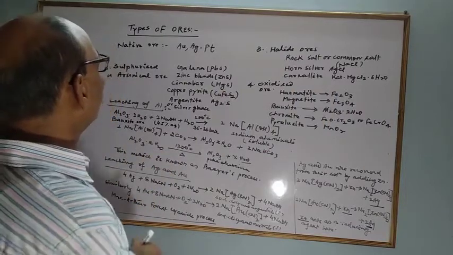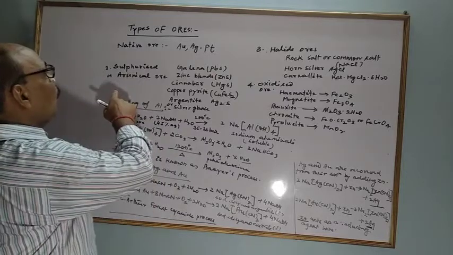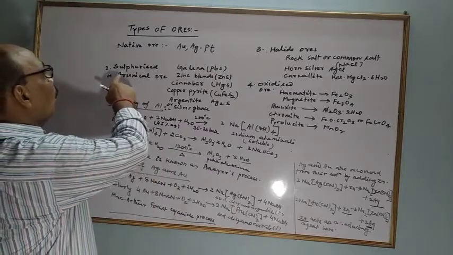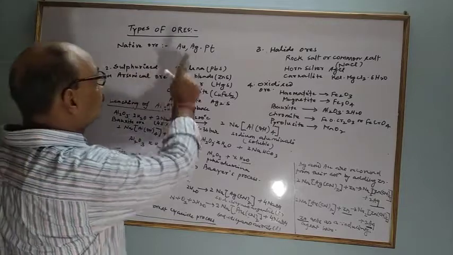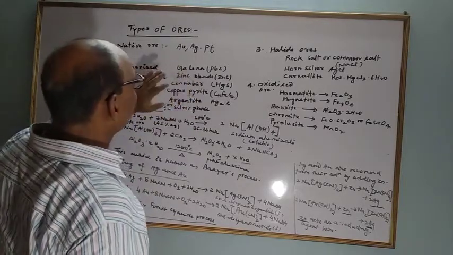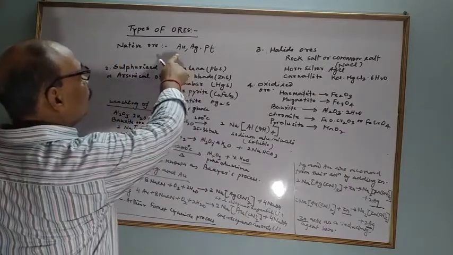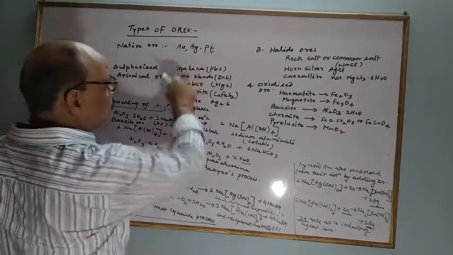First is called native ore. Native ores are found in native state or free state. Examples are Au, Ag, Pt.